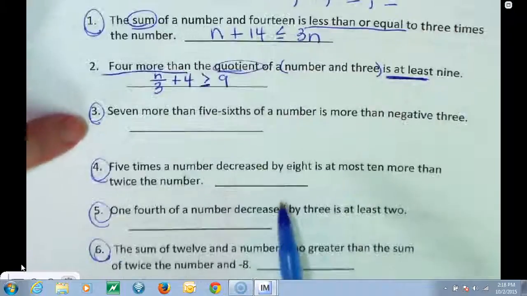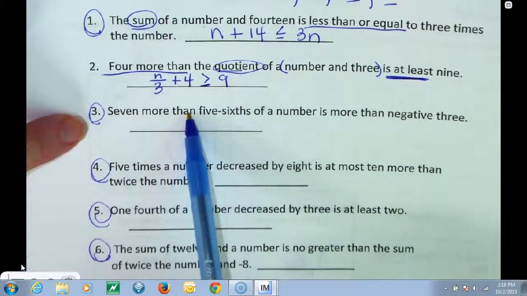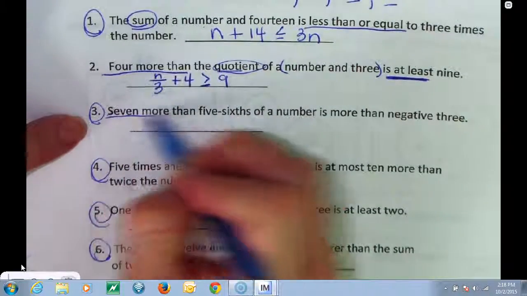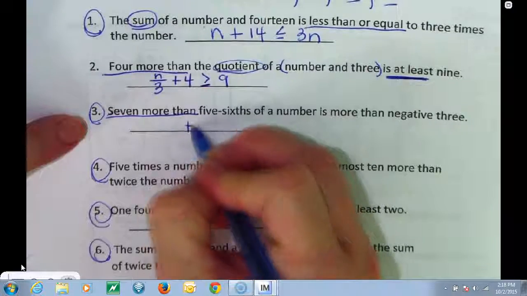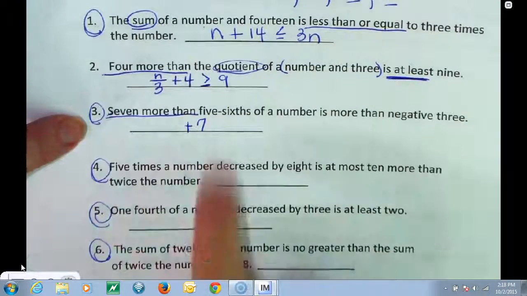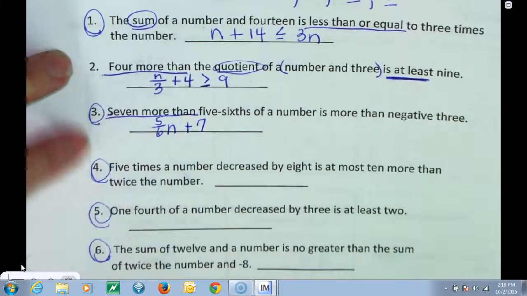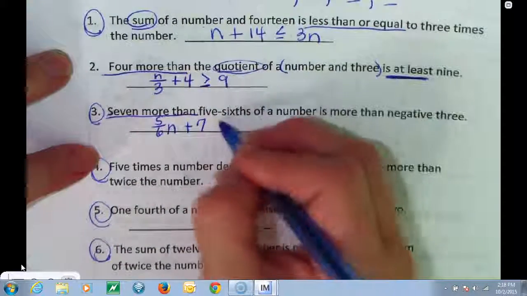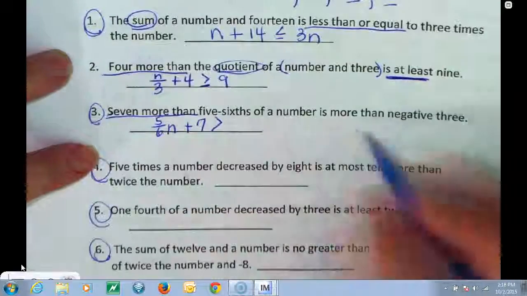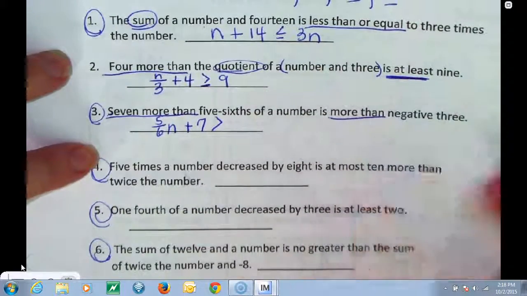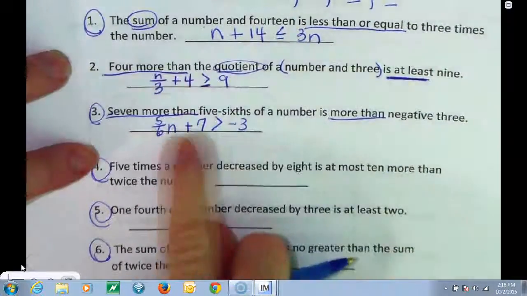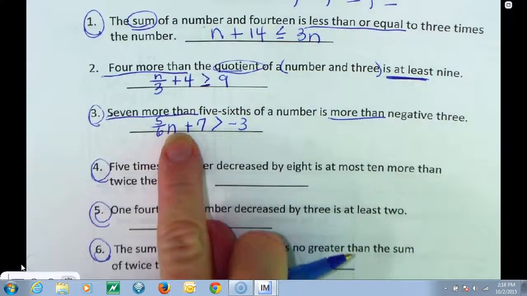Good. Number 3. 7 more than. So that tells you you're going to do what? Add. So I always go plus 7. What am I adding 7 to? 5/6 of a number is more than -3. Now the order could be different. You could put 7 plus 5/6 n right there.